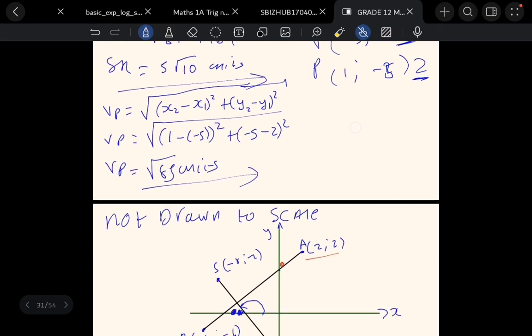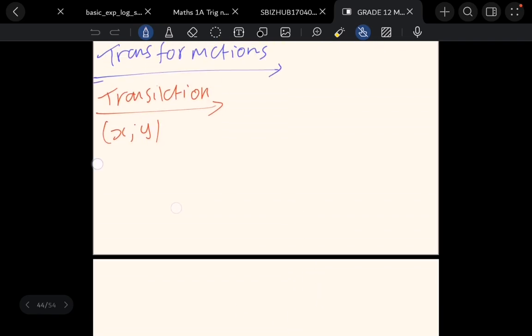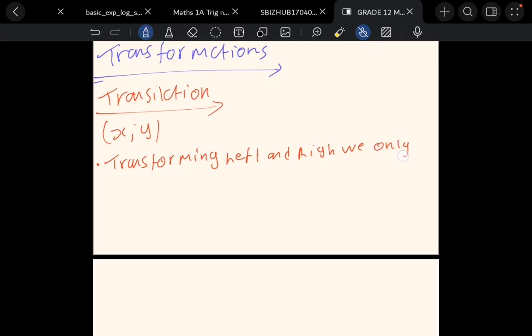Now, when transforming left and right, we only affect the x coordinate.